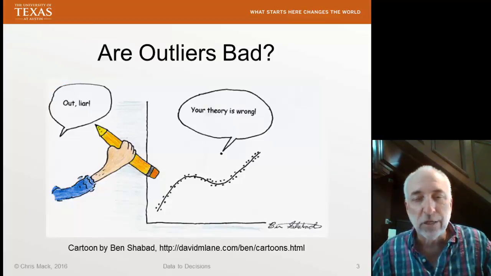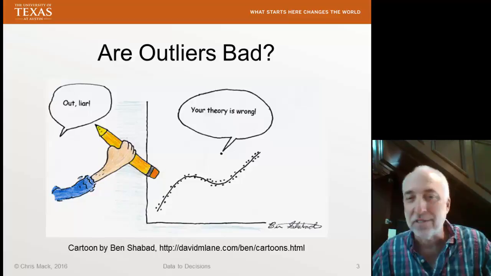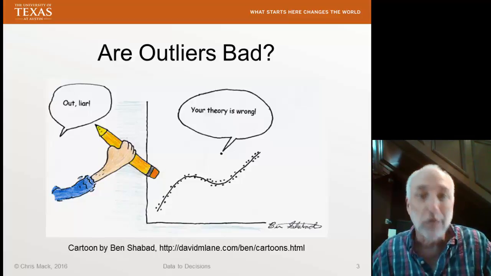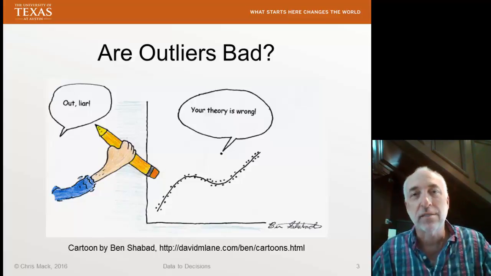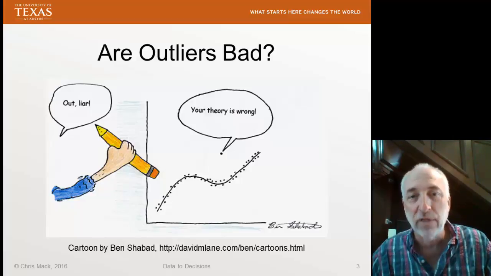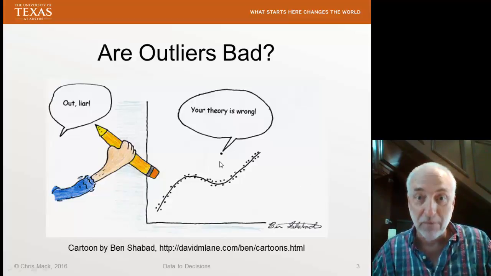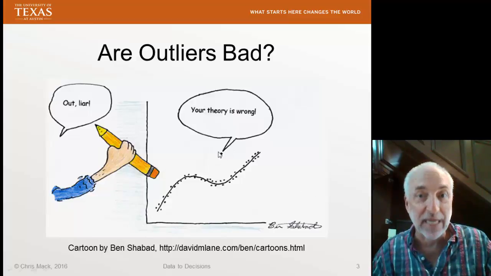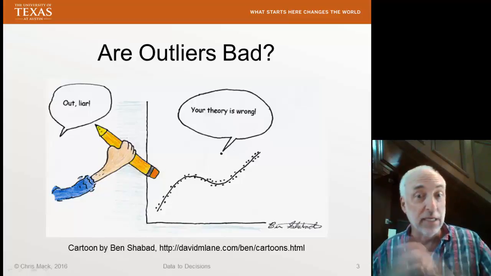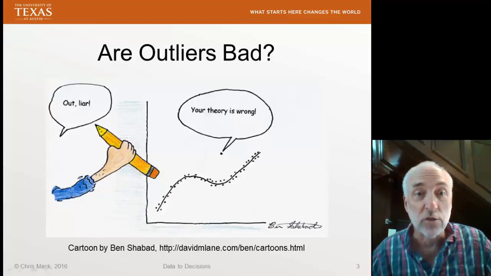But this cartoon, which is one of my favorite statistics cartoons of all time, really outlines the difficulty we have with an outlier. Here's a bad data point, but why is it bad? Is it bad because my theory is wrong and something is happening that's anomalous, that is different than what you expected in your trend?